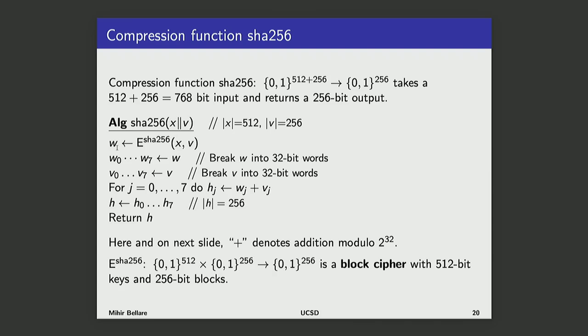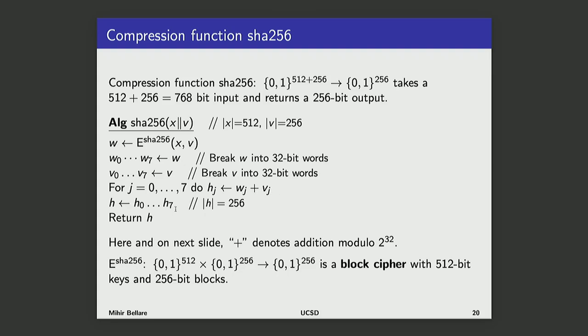That output is 256 bits, so you break it into 8 words, each of length 32. And you also take your original chaining variable V, which is 256 bits, and break it into 32-bit words. And now we're going to add the output of the block cipher back into this input in this way, through additions that are actually modulo 2 to the 32 on every word.